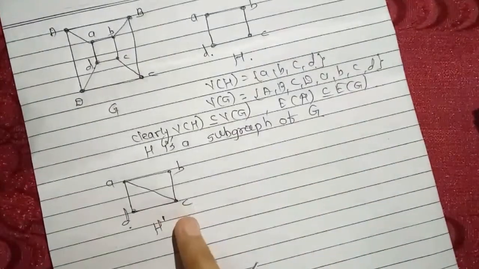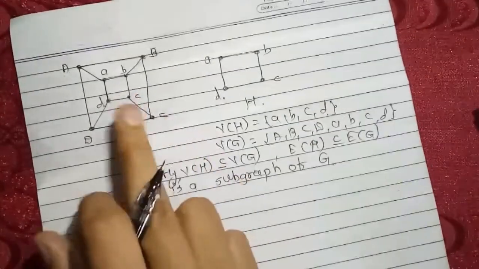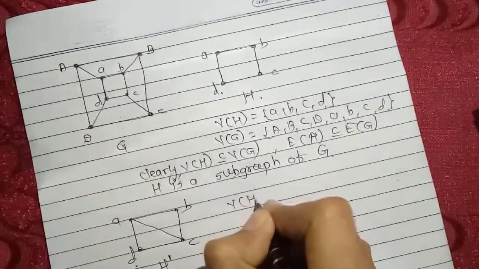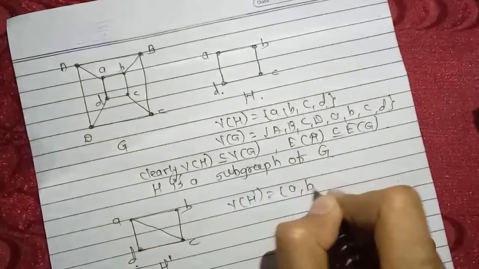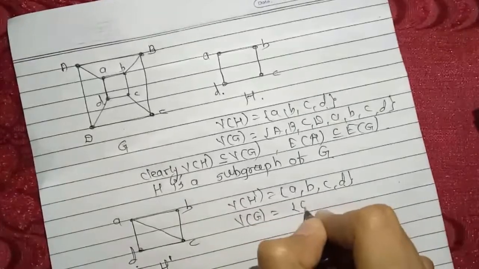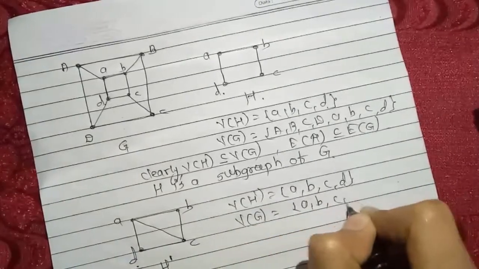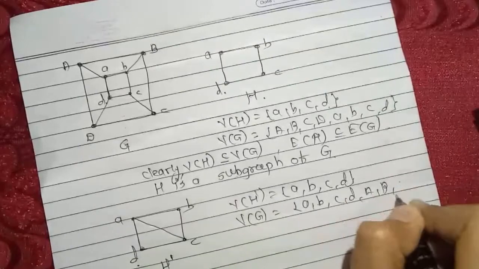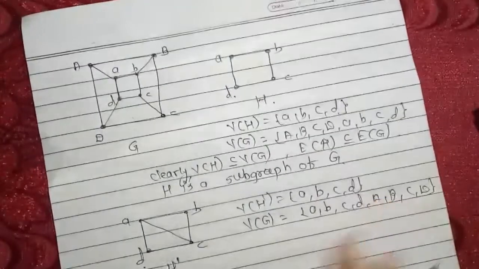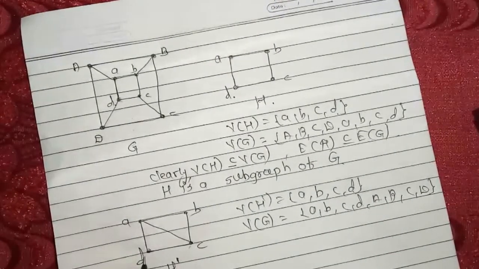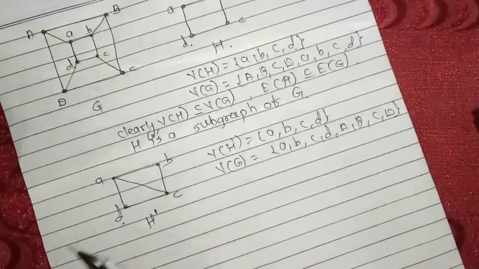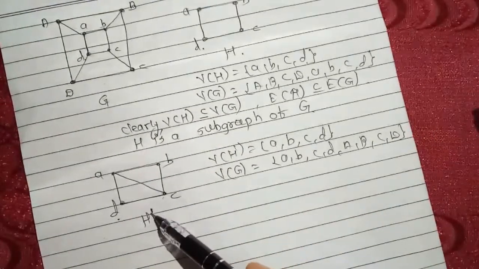First we check whether the vertex set of H dash is a subset of the vertex set of G. The vertex set of H dash is equal to A, B, C and D, and the vertex set of G is equal to A, B, C, D. Clearly the vertex set of H dash is a subset of the vertex set of G.